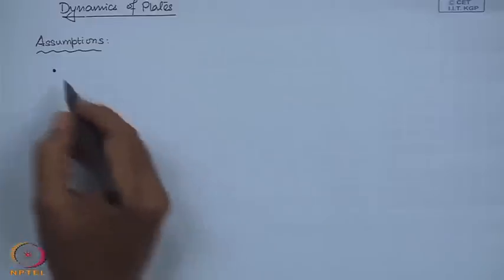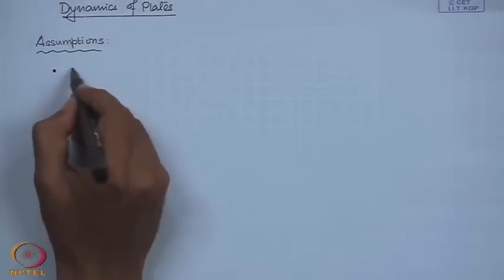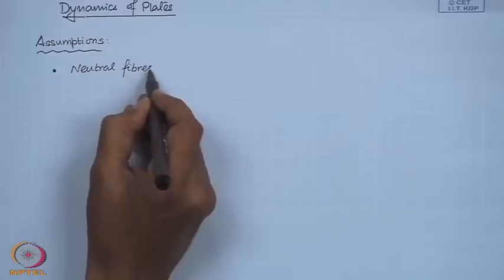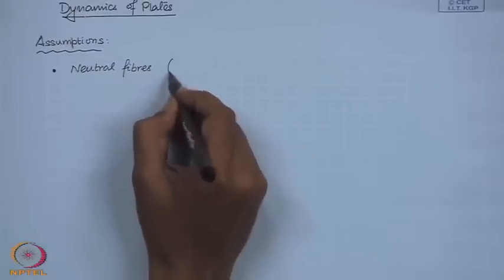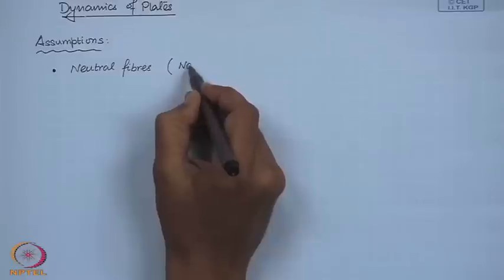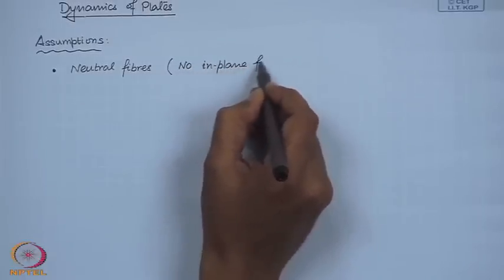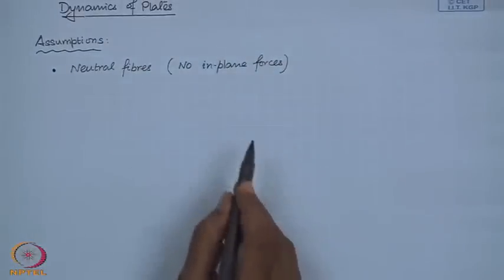is that there is a plane or there are fibers which are unstretched. These are called neutral fibers. So, we assume the presence of neutral fibers, which occurs if you do not have in plane forces in the plate.